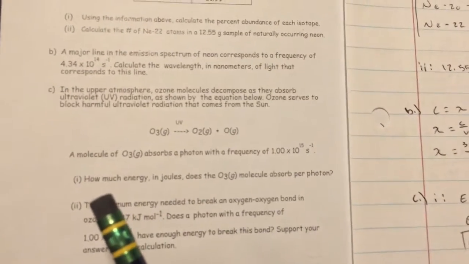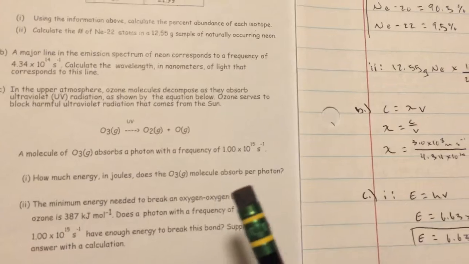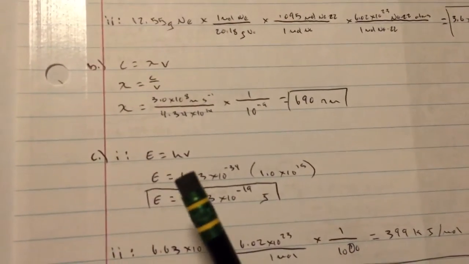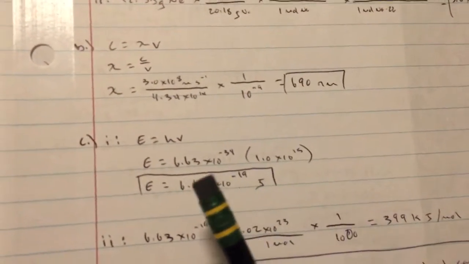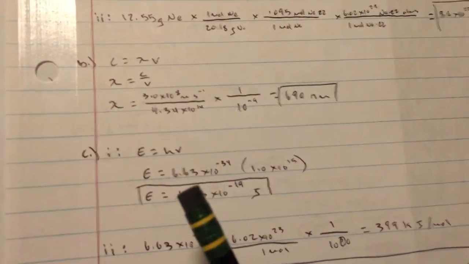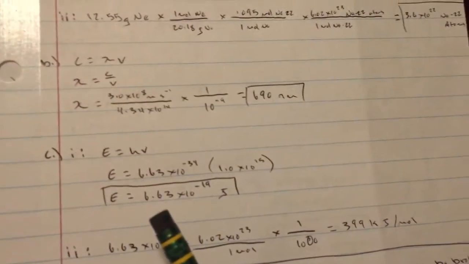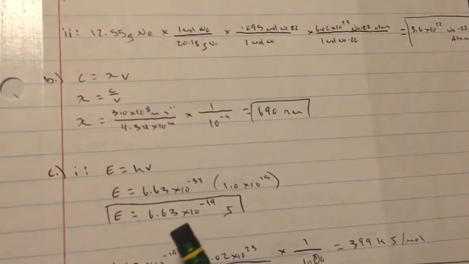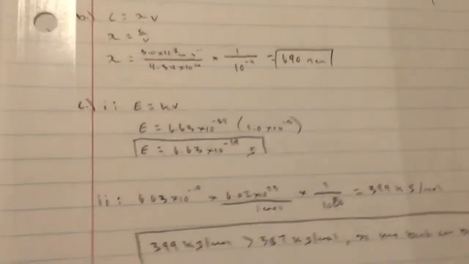Part 1 asks us how much energy in joules does the O3 molecule absorb per photon, and here we use the equation E equals h nu. And again, we plug in the numbers, the constant 6.63 times 10 to the negative 34 times our given value, and we find that E equals 6.63 times 10 to the negative 19 joules.